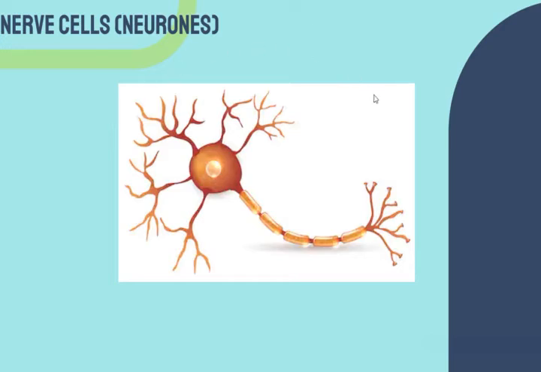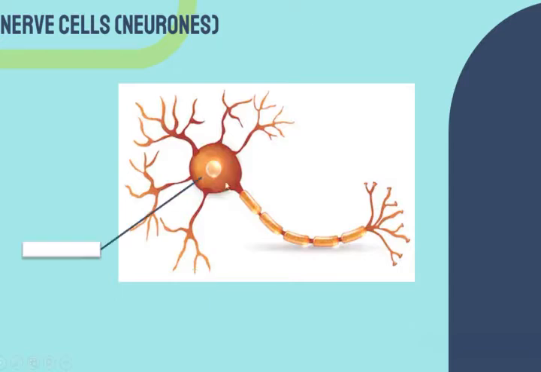When you look at this diagram, this is referred to the nerve cell. The other name for the nerve cell is neuron. Now let's go to the structures of the neuron.